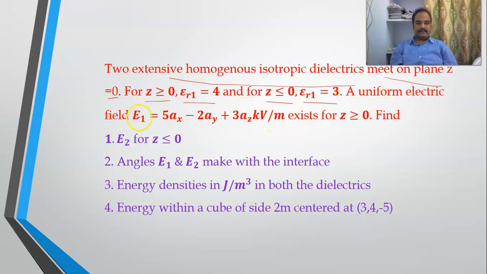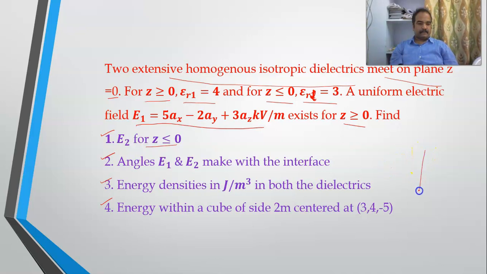And there is a uniform field E1 that exists for z is greater than 0. Find E2 for this material and the angles which they make with the interface and the energy densities and energy within the cube.